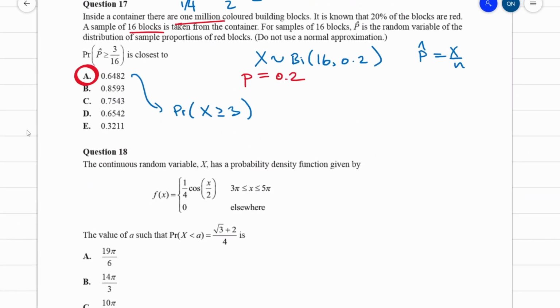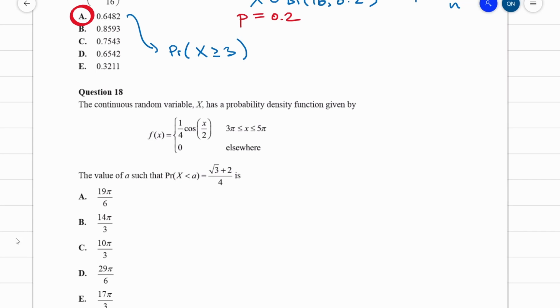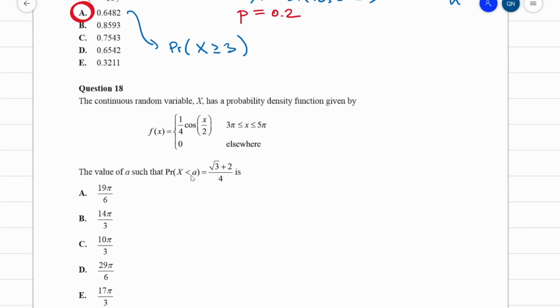Question 18. Continuous random variable x has a PDF given by this guy over here. The value of a such that the probability x less than a is (root 3 plus 2) on 4 is... So you just need to find what exactly this probability is in terms of an integral. We're trying to set (root 3 plus 2) on 4 equal to the integral.